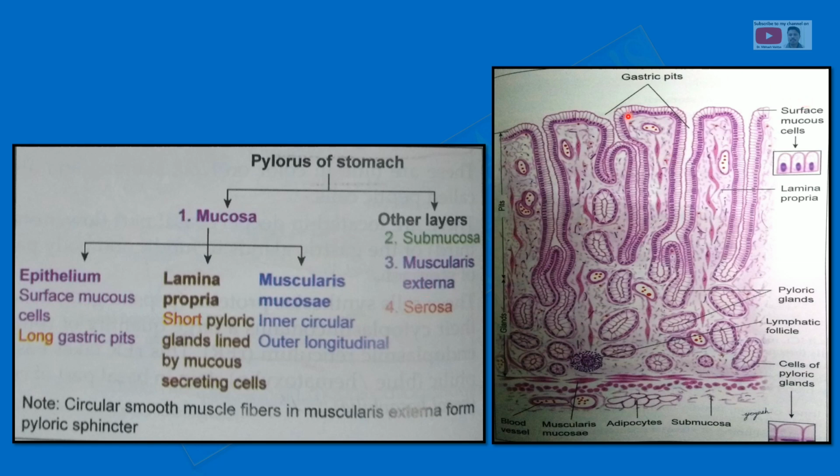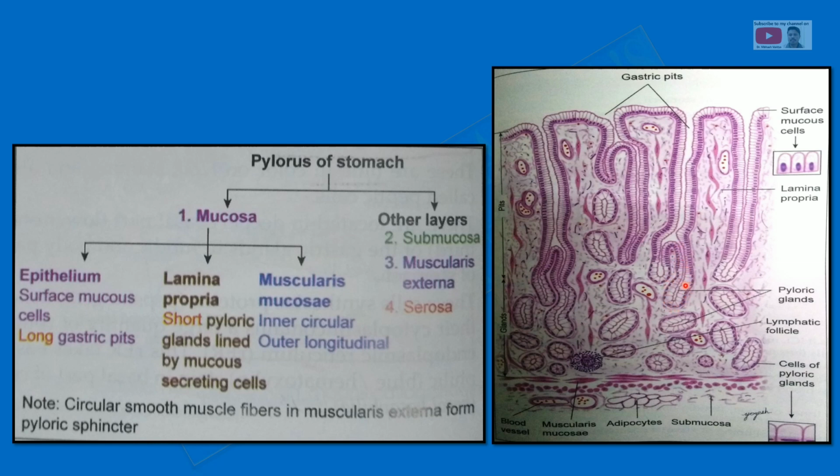Then here you can see the schematic picture of this pyloric part of the stomach. This is the lining epithelium. Then we can see this is the gastric pit, and a difference we have noticed in this region is that the gastric pits are long as compared to the fundus or body part, and the gastric pits are more coiled.